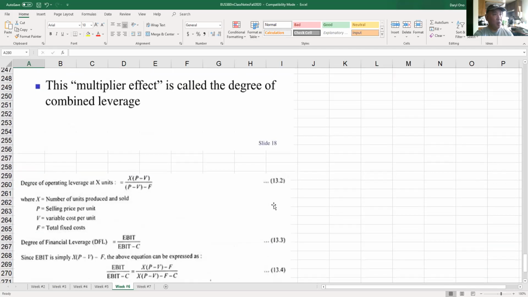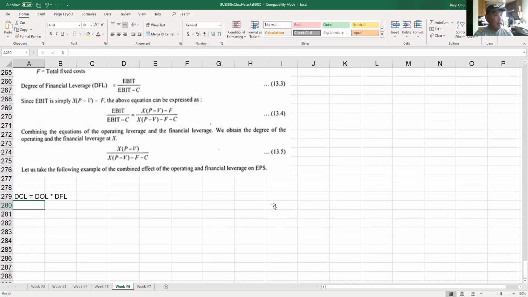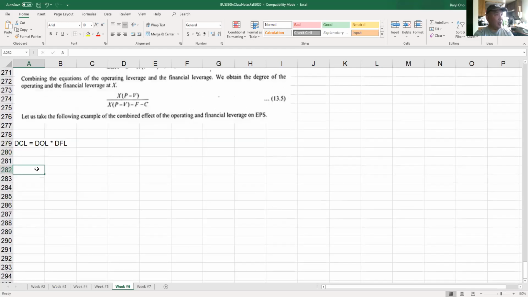So let's say that we did an example, and we've already calculated a degree of operating leverage. I'm just making this number up, equal to 3. The degree of financial leverage, let's say that that's 2.